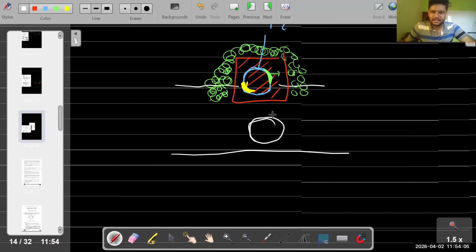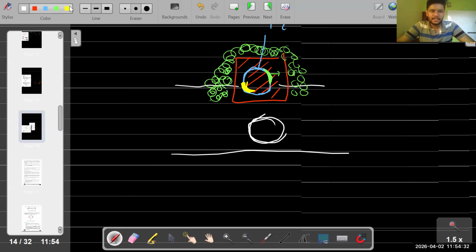Plant genome means a collection where plant genes are present. The green cells are tumor cells, right? Any doubts? No, right. Okay, perfect. The white one is plant genome.